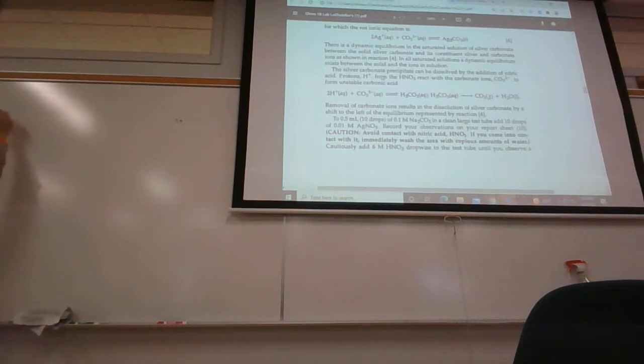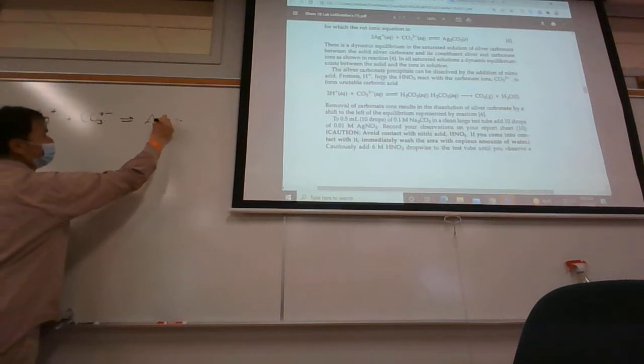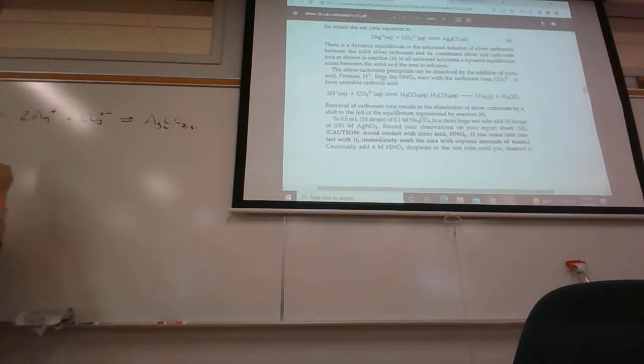And so the equilibrium involved in 10 is we take the silvers plus the carbonates. How many silvers do I need? 2. 2, and then I'm going to form silver carbonate. Silver carbonate's an insoluble salt. Carbonates, phosphates, and chromates are all insoluble, so they'll precipitate.